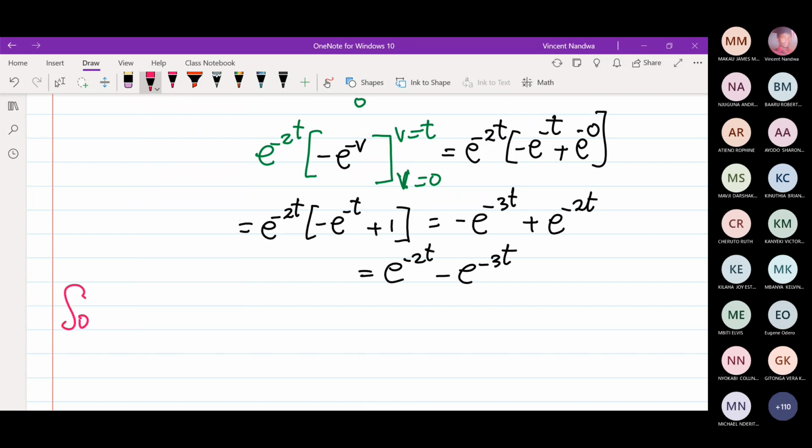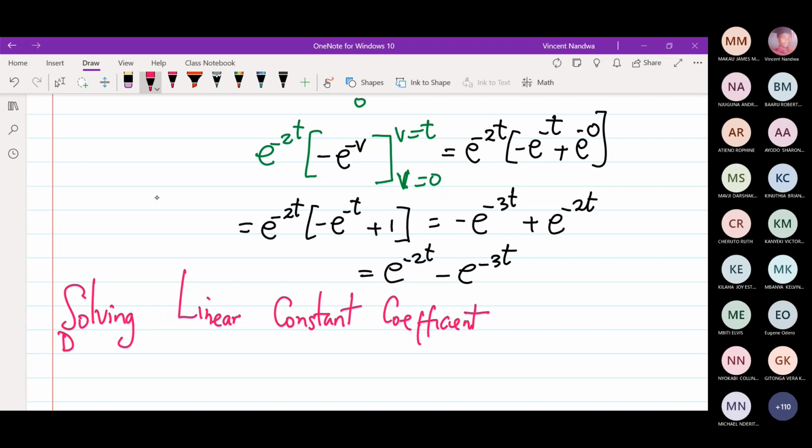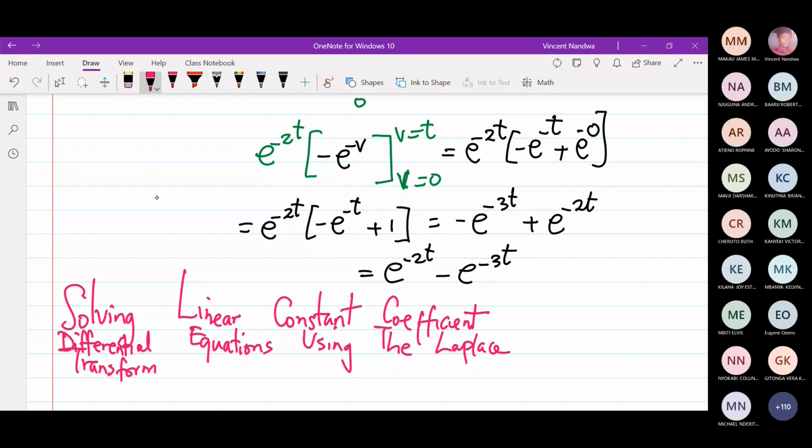So lastly, solving linear constant coefficient differential equations using Laplace transform method.